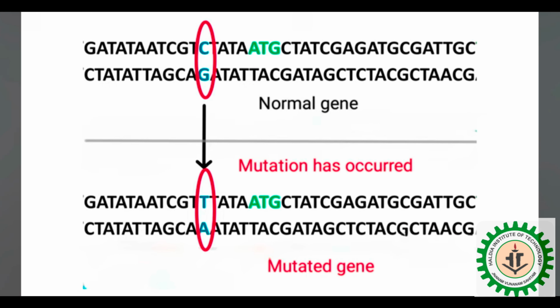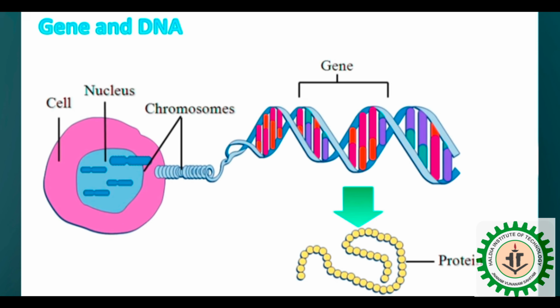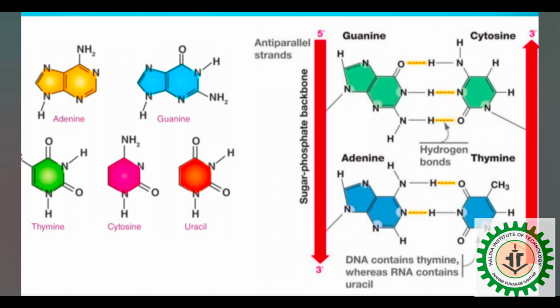So what is the mechanism for gene silencing? Obviously, the first and foremost one is gene mutation. Mutation is a very sudden change in the genes. Our genes are nothing but short parts of DNA, and DNA is made up of a few chemicals: adenine, guanine, thymine, cytosine.